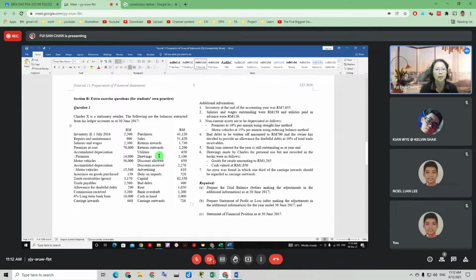When you see this part, you have to know which one is asset, which one is liability, which one is equity. You know asset is debit, liability is credit, equity is credit, correct? So from here, you need to know which one goes on the debit and which on the credit.